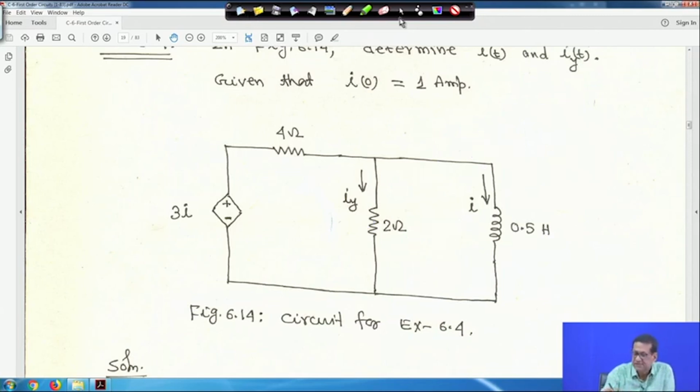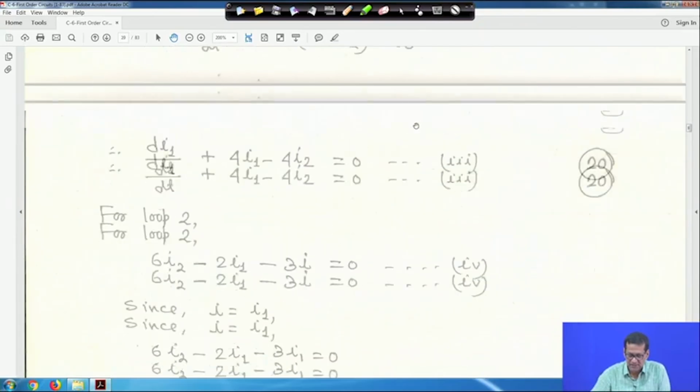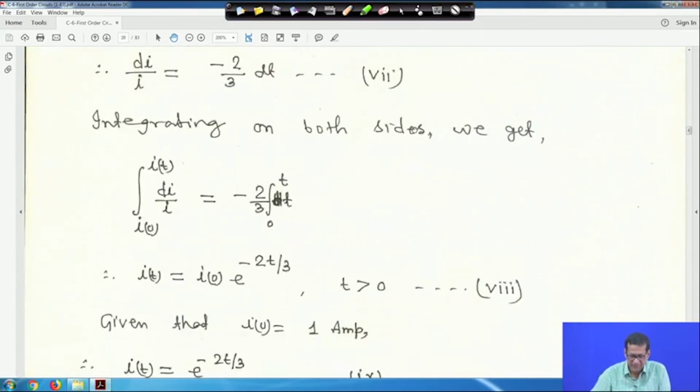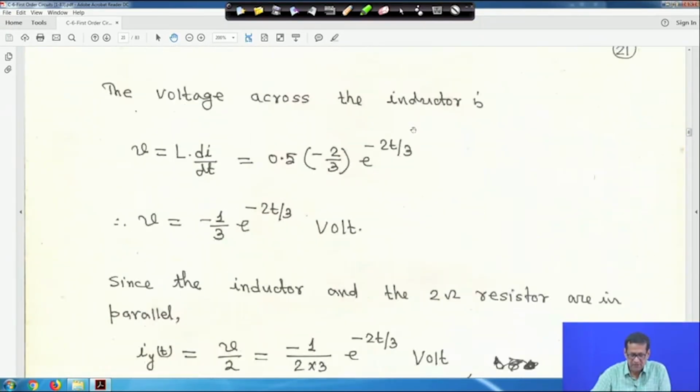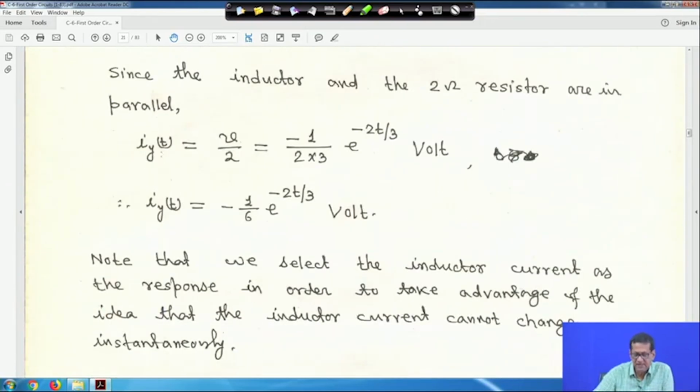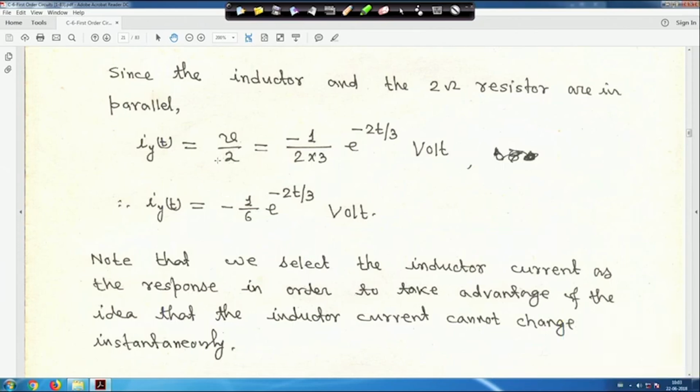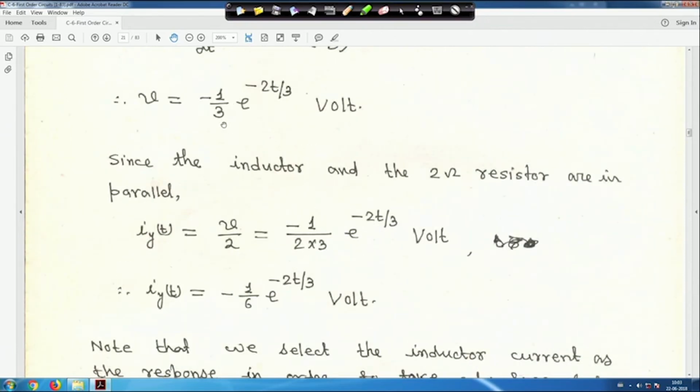So, let me clear it. We will go back to that expression again. Here it is iY at time t, V by 2, the 2 is the 2 ohm resistance, that is the current flowing through the 2 ohm resistance, that is iY(t). So, you substitute the V expression, V is equal to minus 1 upon 3.